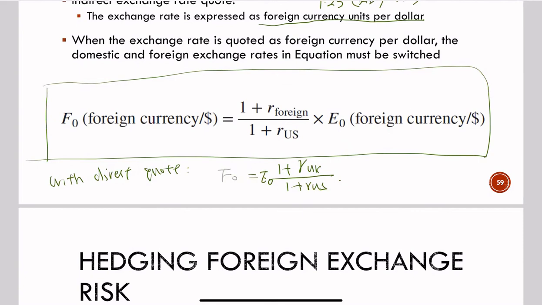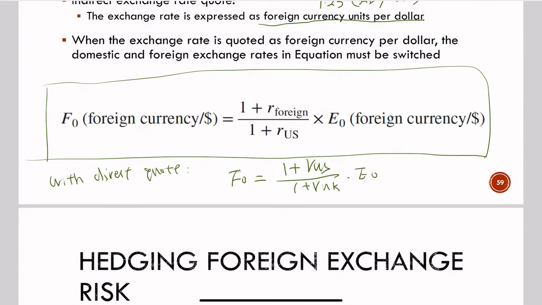Sorry, with a direct quote, we have F0 equals (1 plus R_US) over (1 plus R_UK) times E0.